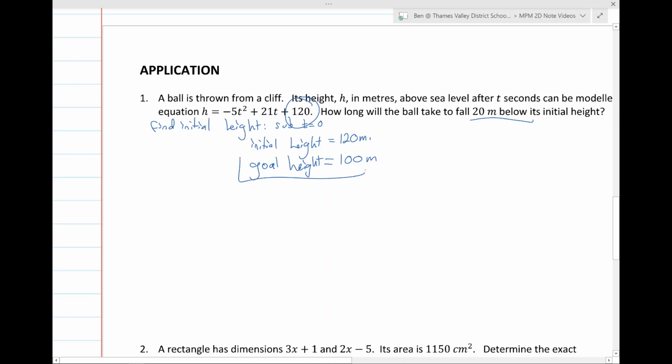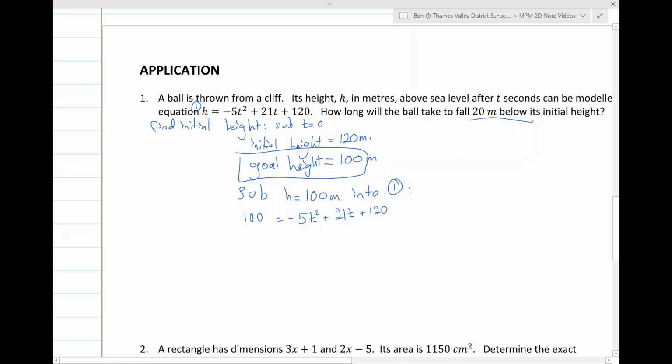So if our goal height is 100 meters and we know we have this model up here, then we can substitute this goal height, sub h equals 100 meters, into, we'll call this equation 1 up here, into equation 1. So then we're working with 100 meters equals negative 5t squared plus 21t plus 120.